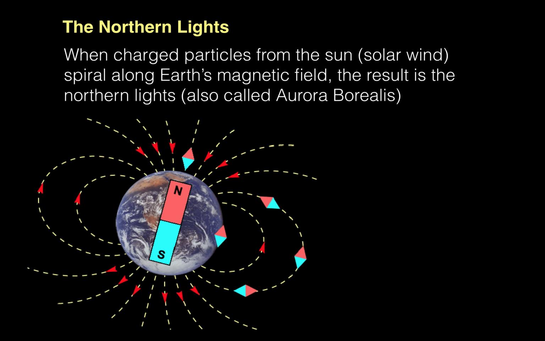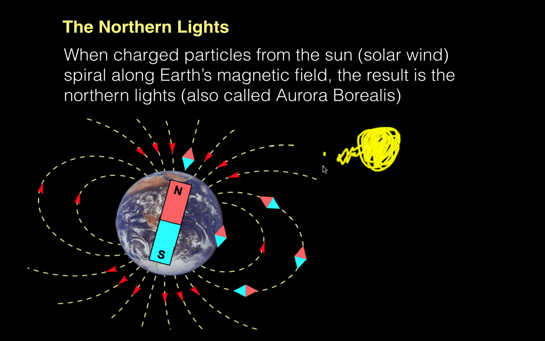The Northern Lights is a really interesting example of how charged particles travel in circular paths through a magnetic field. When charged particles from the sun or solar wind spiral along Earth's magnetic field, the result is the northern lights. We also call this the Aurora Borealis. So as the sun shines, occasionally it emits a solar flare.